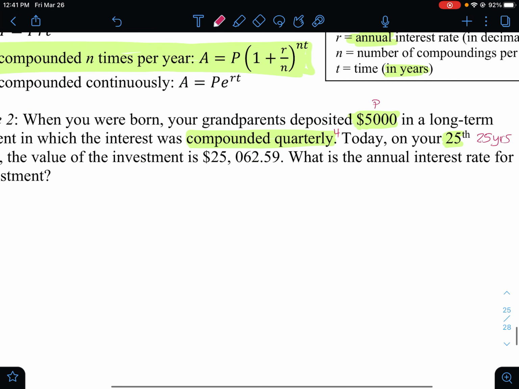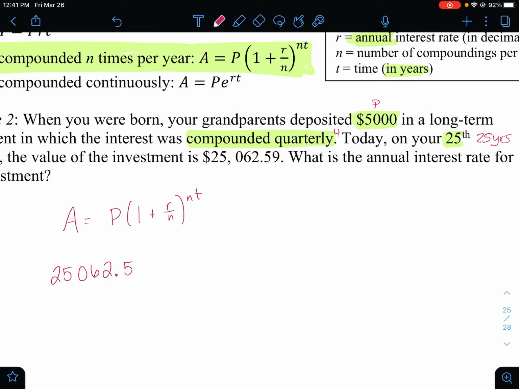So if we write our equation down, A equals P times the quantity 1 plus R over N, to the NT. Substitute in what we know. A is $25,062.59. P is 5,000. 1 plus, now my interest rate, that's what we're not sure of, so that continues to be R. N, we said it's compounded 4 times because it's quarterly.